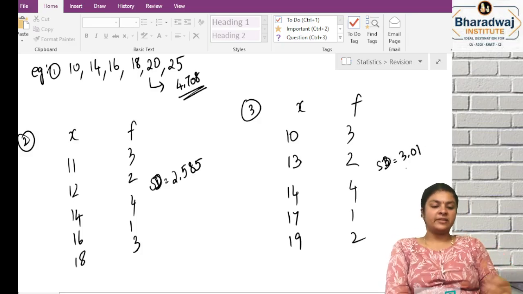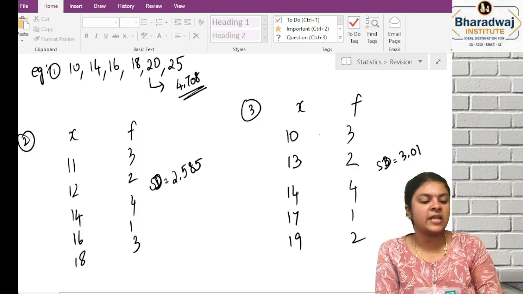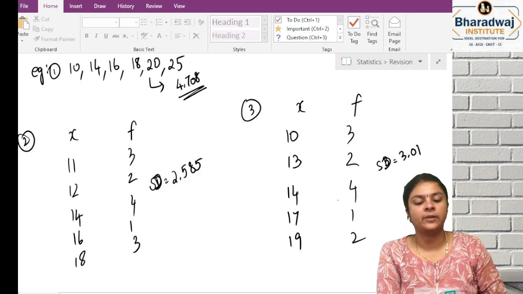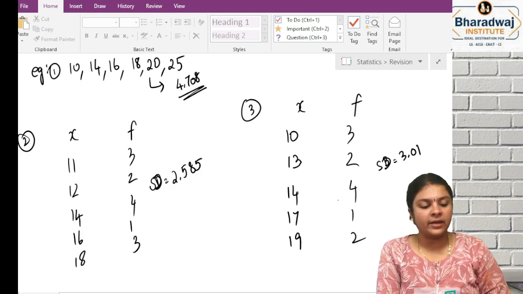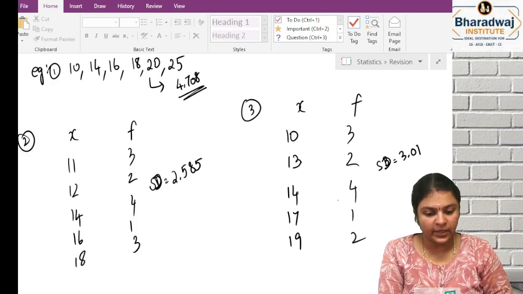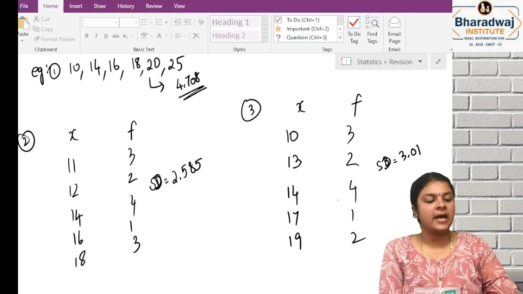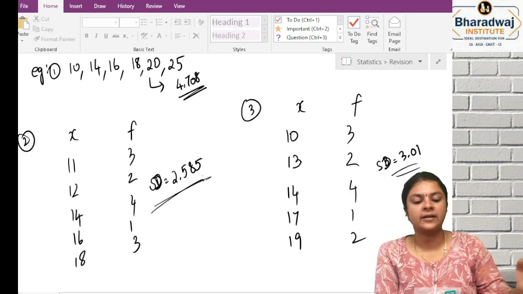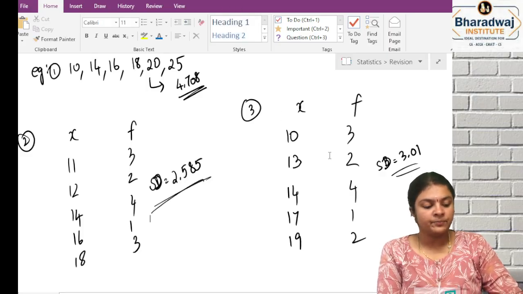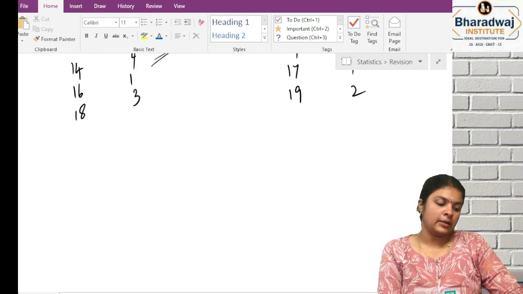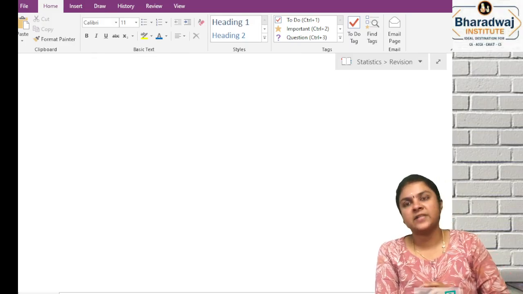So if it is continuous, again no big change, 10 to 20, 20 to 30, 30 to 40, you will take the mid values and calculate. So I believe you will be comfortable in working out the standard deviation. Any doubts? No, ma'am. Okay. So these are the answers that you would have got for standard deviation, right? And variance of course is square of standard deviation.